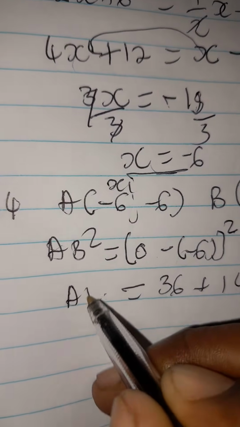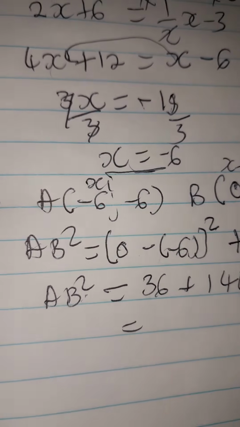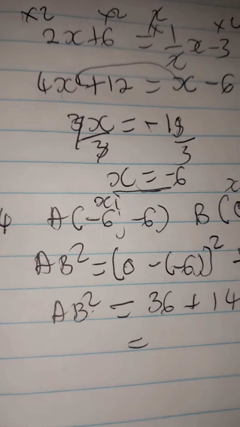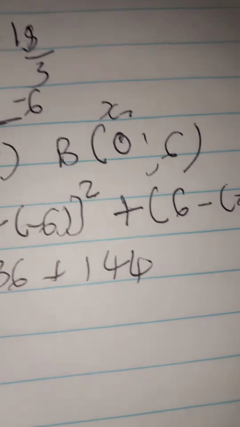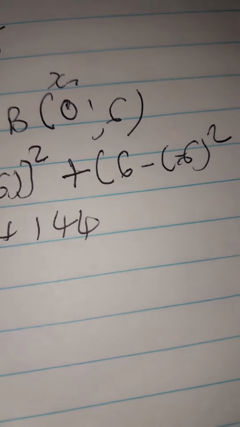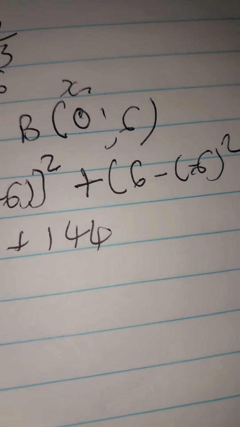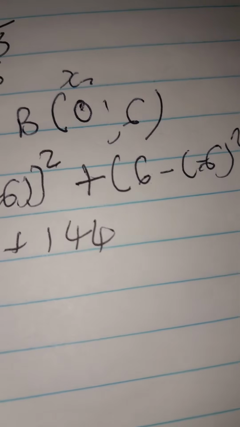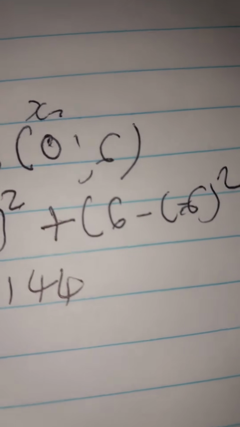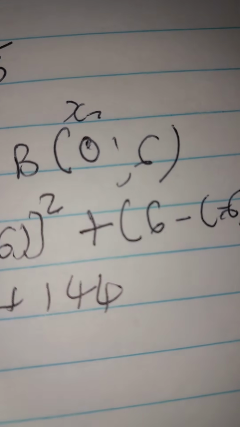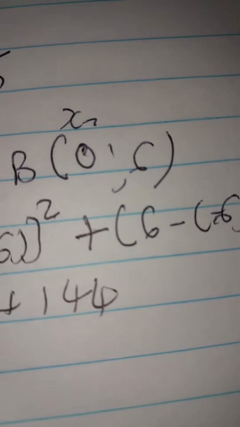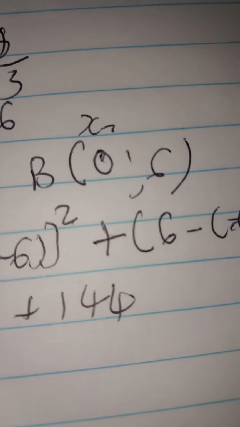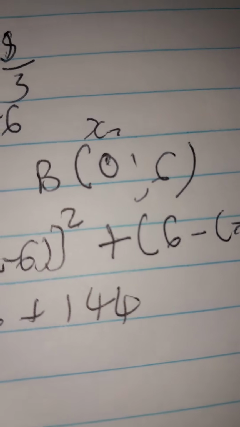So in this case, we are going to have 36 plus 144. That will be 180, guys. It's 180, right? So finding the square root of 180 in this manner, you can punch your calculator there.